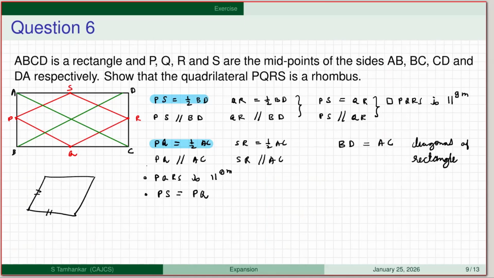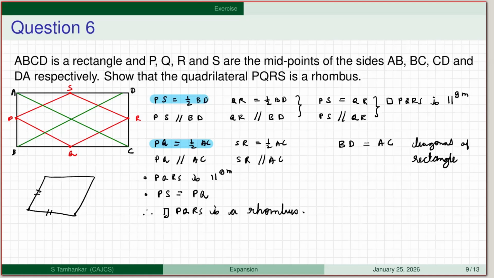A parallelogram whose adjacent sides are equal is a rhombus. Therefore, PQRS is a rhombus. So we first proved PQRS to be a parallelogram, and then we proved that adjacent sides of this parallelogram are equal. That makes it a rhombus.